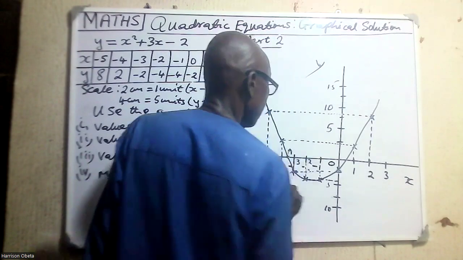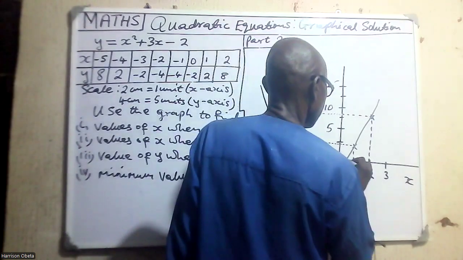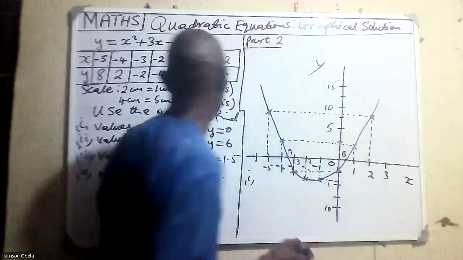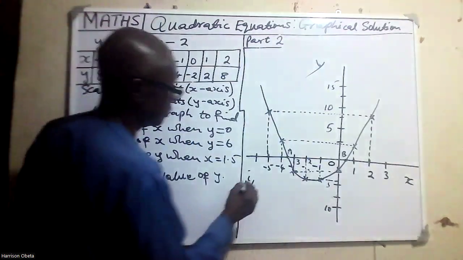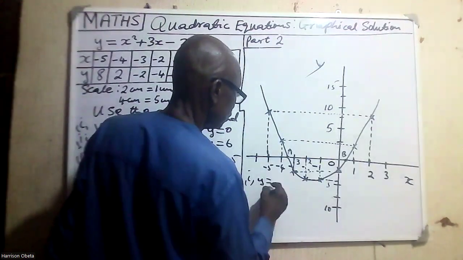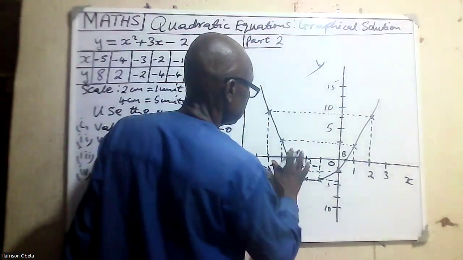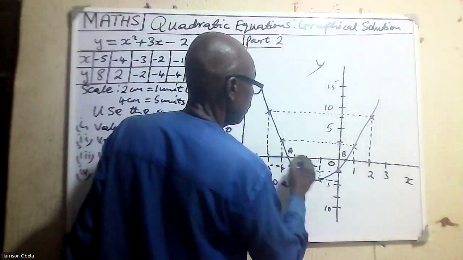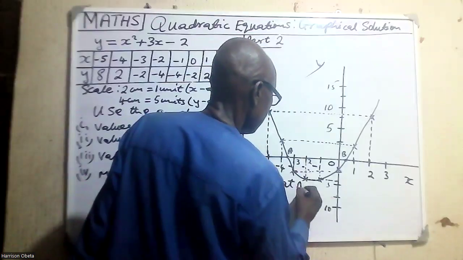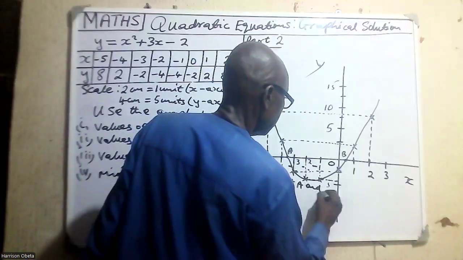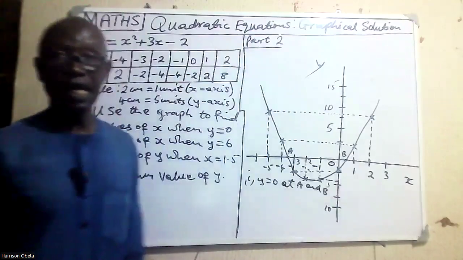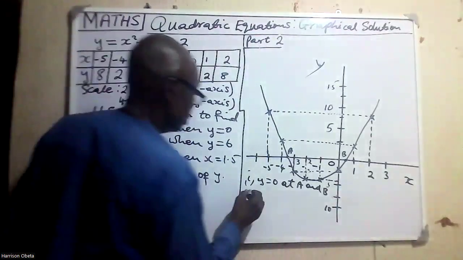Let us call this A and then B. So we can say that y is equal to 0 at A and B. At A and B.